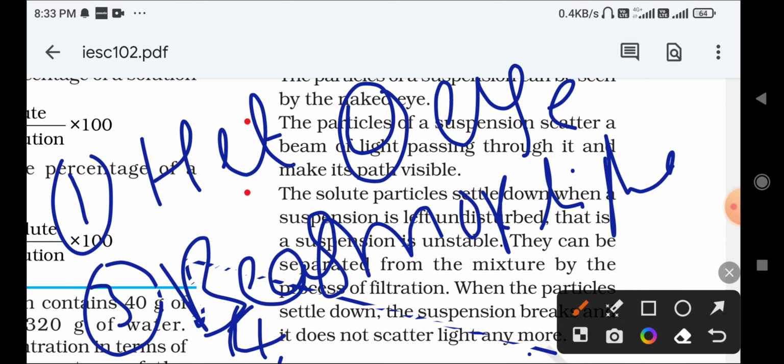Fourth point: they are very unstable solutions. After some time they settle down at the bottom of the container and they do not scatter the beam of light. These are the four points of suspensions. We can easily write and read them.